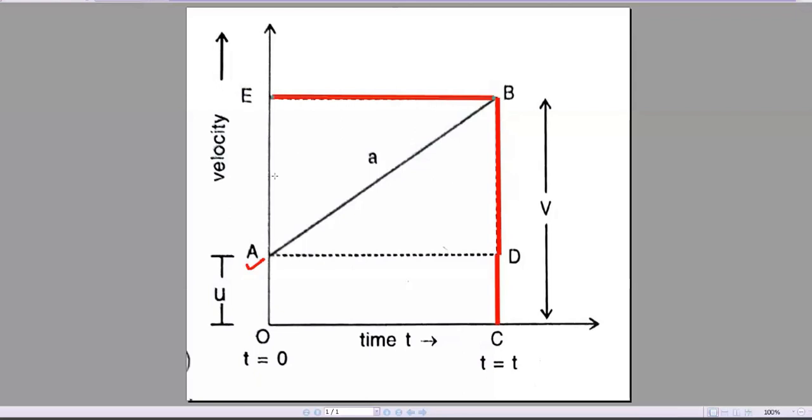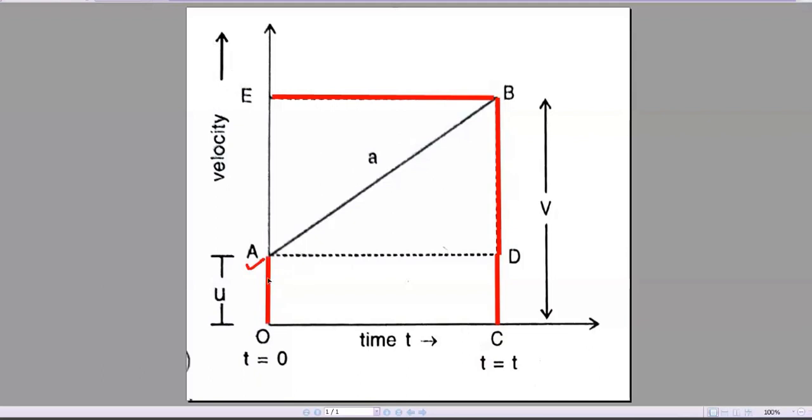Now, here we can say that OA is initial velocity. So, this is initial velocity. And BC is final velocity. The reason is simple. We know that final velocity is initial velocity plus change in velocity. So, if you can see here, OA is initial velocity.